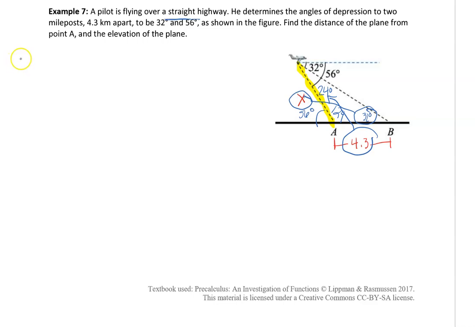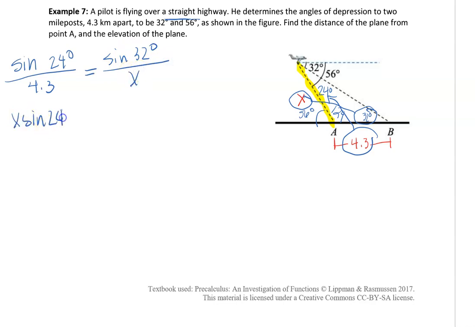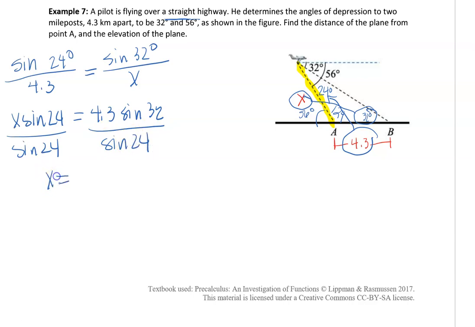And so I'm going to say sine of 24 degrees over 4.3 would be equal to, and I'm trying to find X over here, so I'm going to use sine of 32 degrees over X. So it gives me X sine of 24 equal to 4.3 sine of 32. And then I'm going to divide by sine of 24. So that gives me X equal to, make sure that you are in degrees in your calculation, 5.6 kilometers.